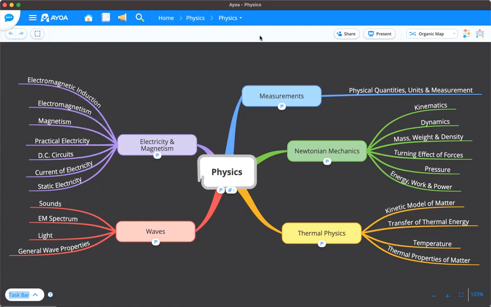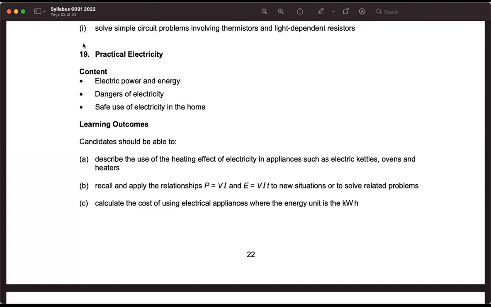Next, I'm going to show you the syllabus. Practical electricity, as you can see here, is broken up into three parts. The last two parts are a lot of factual stuff with some common sense, so you need to read up your textbook and notes.